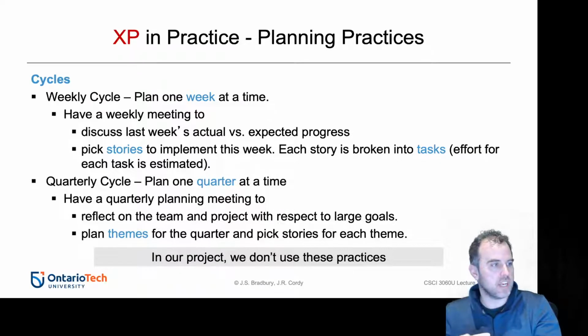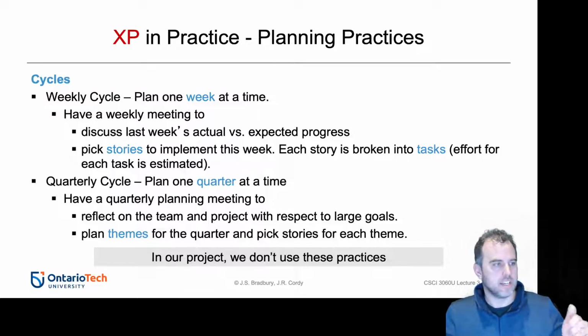So one theme in one quarter might be increase user engagement, if it's web-based, and that means focusing on stories related to keeping users on the site longer, ensuring that users' needs are met, reducing frustration, whatever it is. Those would be the types of stories related to the theme you're working on.